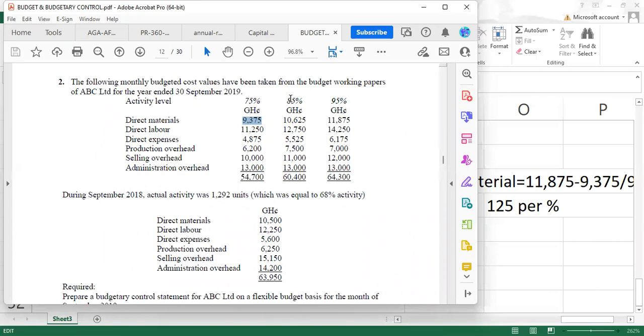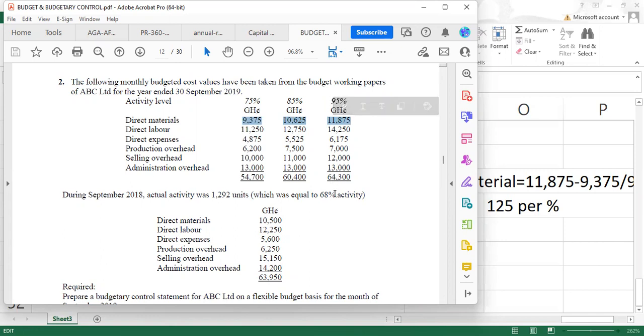Use the same 125 and multiply by 85 and see. You get 10,625. You can see that the answers are the same as the one that we have over here, isn't it? Yes, sir. So you can see that the direct material cost is purely variable.